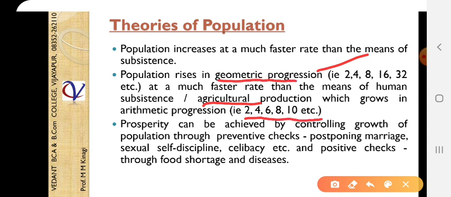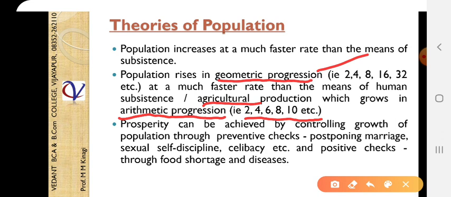This is how the difference is there, a lot of difference. The population growth is increasing, but our resources are increasing very slowly. So prosperity can be achieved by controlling the growth of the population through preventive checks.